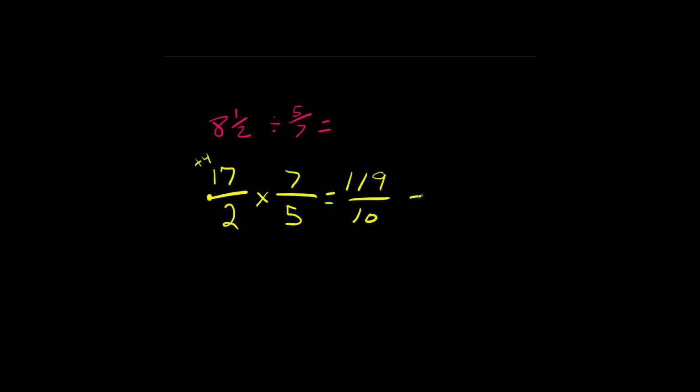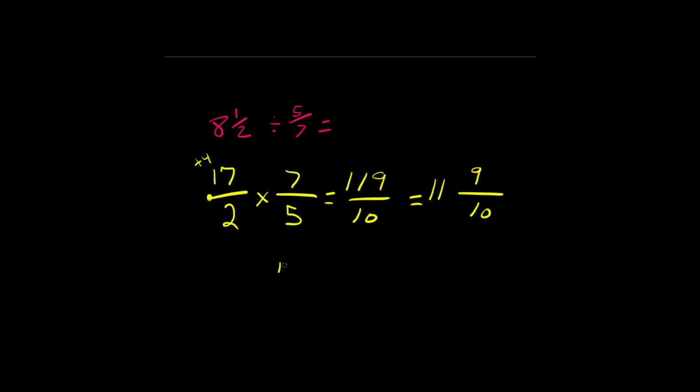We have to change our improper answer, 119 over 10, to a mixed number. So how many 10s can go into 119? We can either count by 10s, 10, 20, 30, and so on, or we could just say maybe 11, because 11 times 10 is 110, with 9 left over.